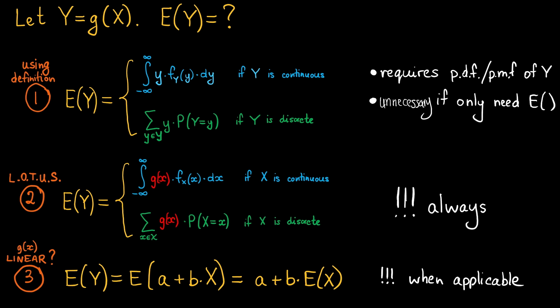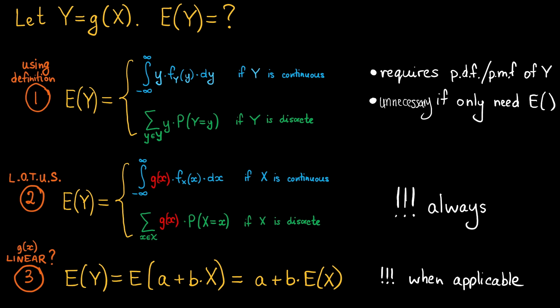But it turns out we don't have to, because all the randomness of the random variable y can be attributed to the randomness of the random variable x, and so LOTUS is just a formalization of that intuition. And it always applies. It's a very powerful tool. We'll use it again and again.